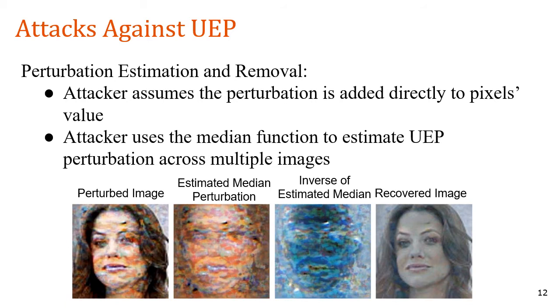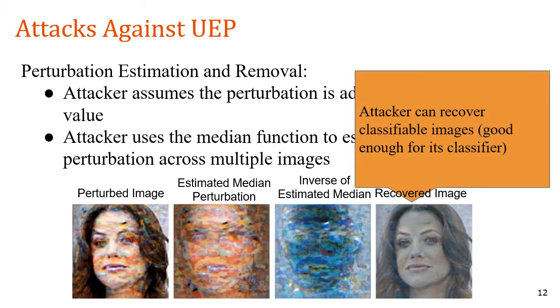You can see the estimated UEP in the second image from the left. By inverting this estimated UEP and adding it to the perturbed image, an adversary can recover an image that is classifiable for the classifiers. This image is not exactly the original one, but good enough for classification.